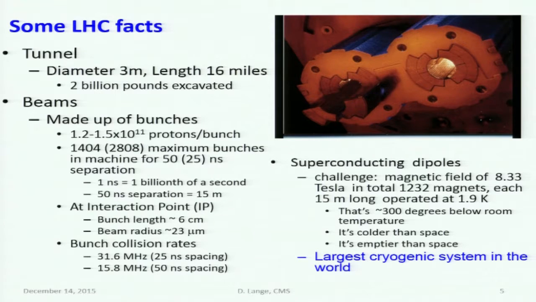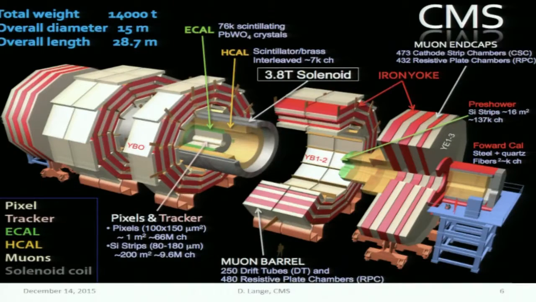As I talked about, there are four main interaction points, where the CMS experiment is located at one of those. And I think the accelerator is actually a pretty interesting achievement on its own. It's really the largest cryogenic system in the world, and it is essentially a field of research unto itself.